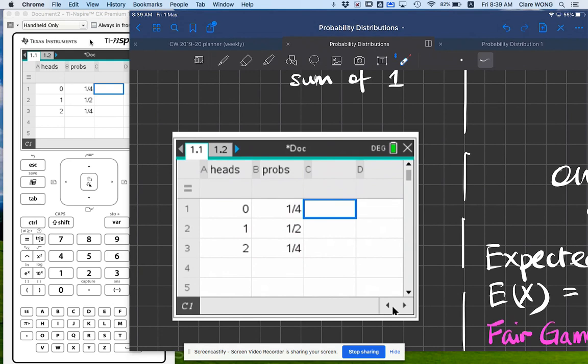From here it is pretty much like what you have learned in statistics. We can use one variable stats to work out the mean and then the standard deviation of it. But we need one variable stats because it is about the number of heads.